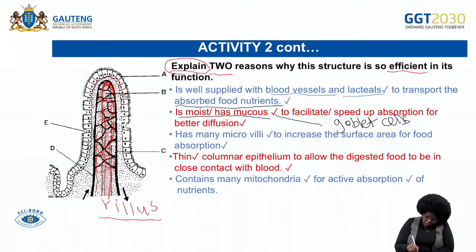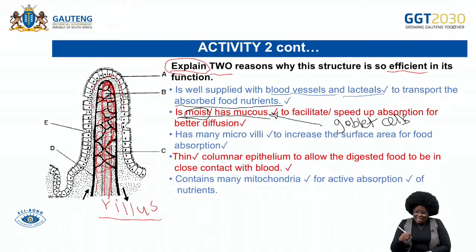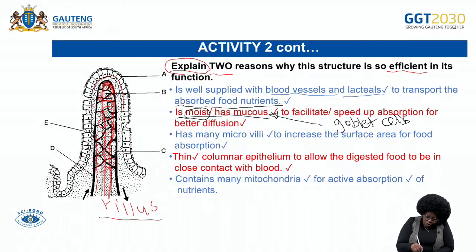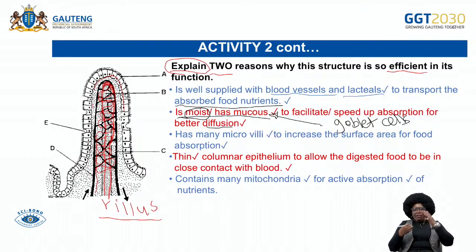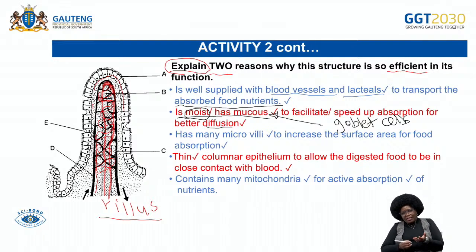They produce the mucus, which keeps the area moist, right? Look at the link. To facilitate or to speed up absorption for better diffusion. Because in a moist environment, the movement of substances from a higher concentration to a lower concentration is even better. It's faster. It's efficient, right?